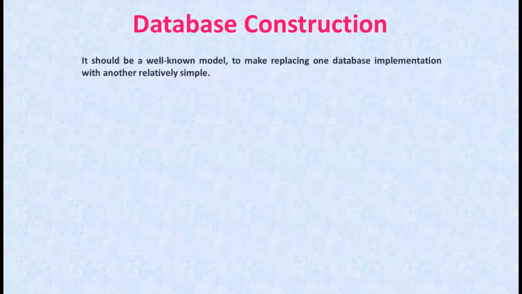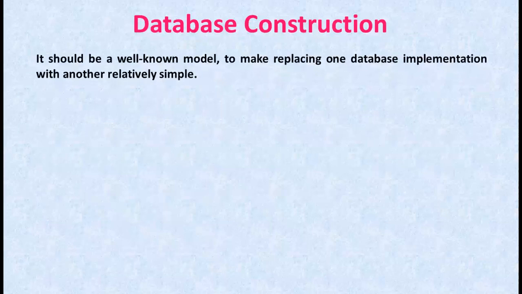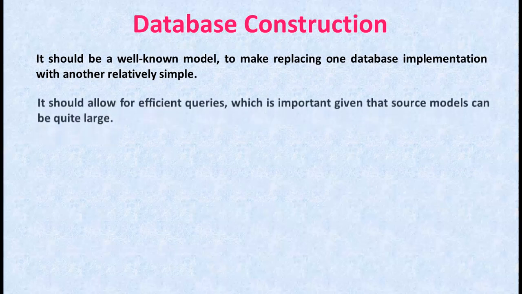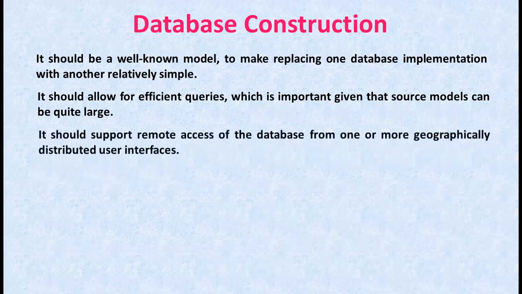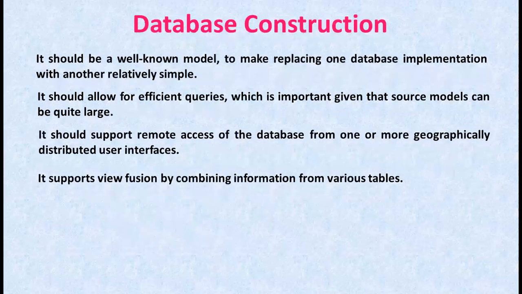That is, it should be a well-known model to make replacing one database implementation with another relatively simple, and it should allow for efficient queries, which is important given that the source models can be quite large, and it should support remote access to the database from one or more geographically distributed user interfaces.